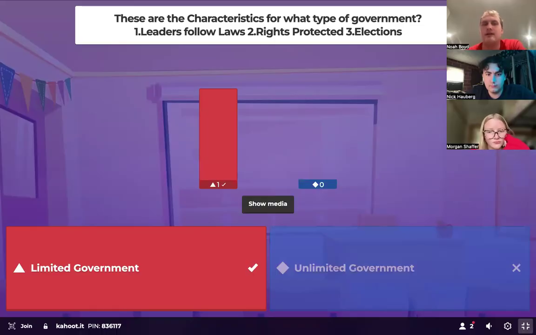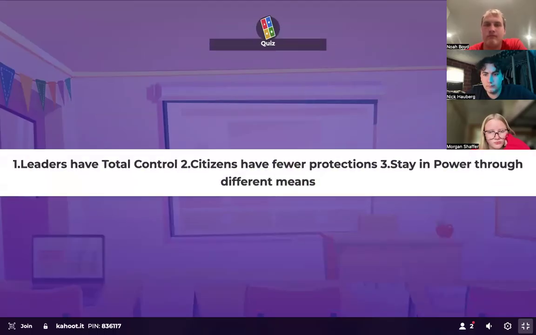Those were the examples on the slides of an unlimited government. Leaders have total control, citizens have fewer protections, and they stay in power through different means.